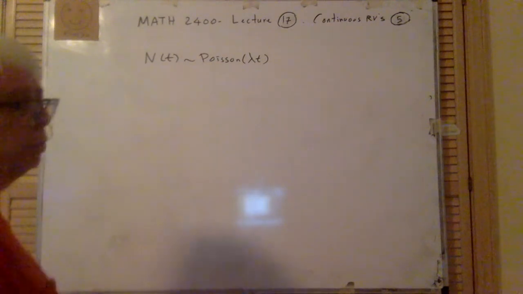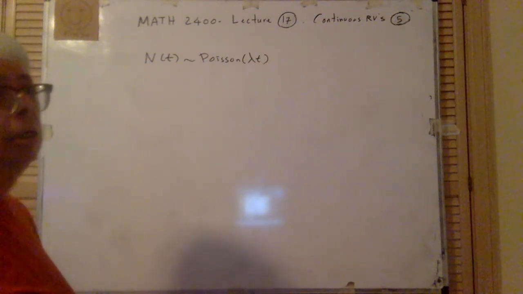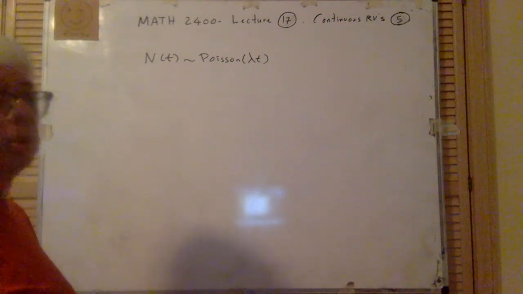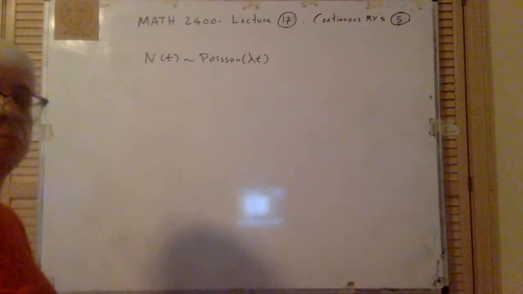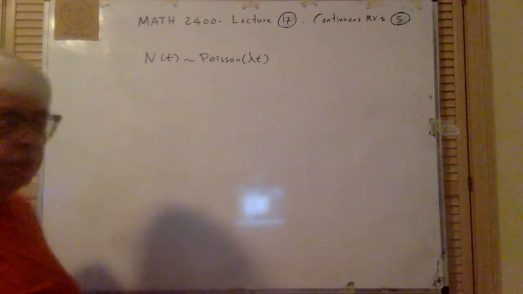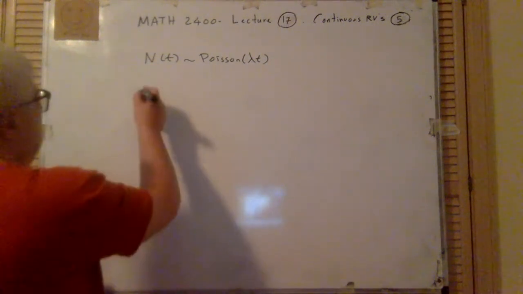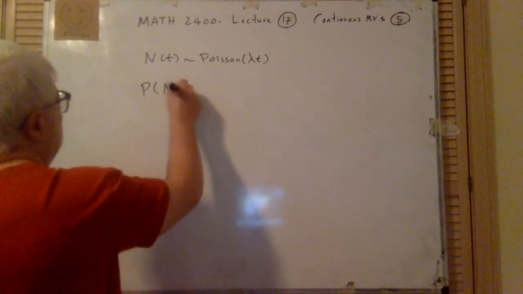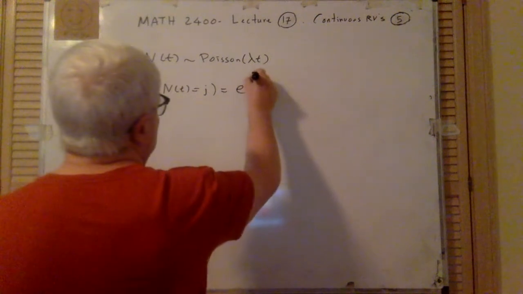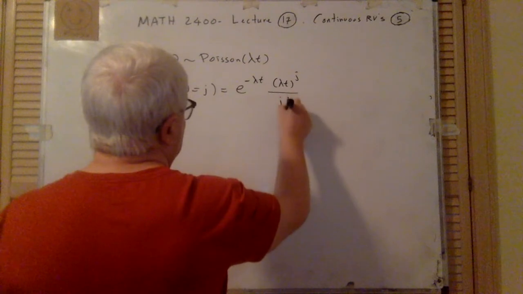So let me give you an example. If we say that on average we have 5 people arriving per hour, and I'm doing some analysis over 5 hours, then that will be 25 people in 5 hours. So that should be multiplied by the time period we're talking about. And P of N(t) equals some j is e to the power minus lambda t times lambda t to the power j over j factorial.